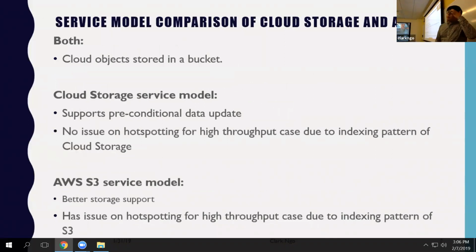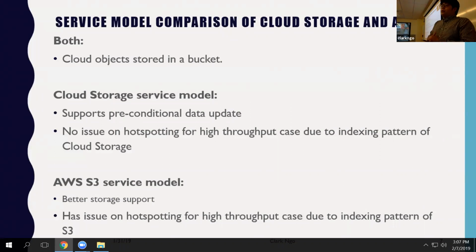So, service model comparison. Both of them are cloud objects stored in a bucket, so no difference there. But again, an advantage with Cloud Storage is that it supports preconditional data updates, and it has no issue with hotspotting for high throughput cases due to the indexing pattern of Cloud Storage. I haven't researched what the indexing pattern is.